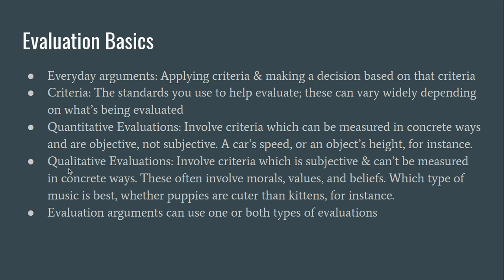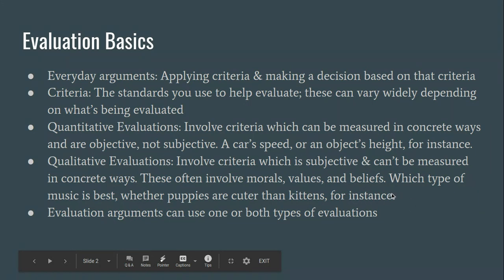On the other hand, we have qualitative evaluations, and these involve criteria that is subjective and things that cannot be measured in concrete ways. These often involve morals, values, and beliefs. So, for example, what type of music is best, whether we think that puppies or kittens are cuter.